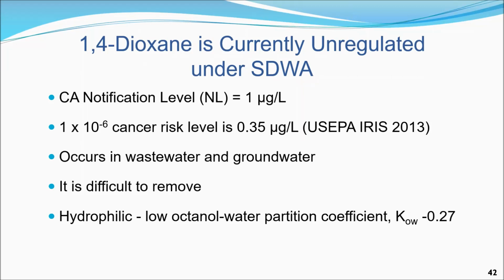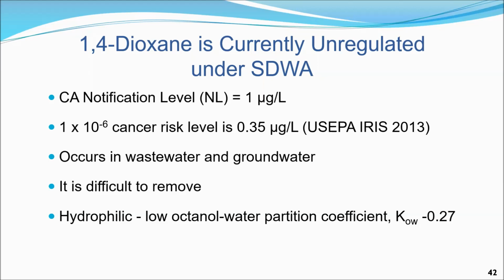Our state legislators thought it was a good idea that if a contaminant is over this notification level, the public water system must notify the public. The NL for 1,4-dioxane is 1 microgram per liter. And the EPA risk assessments indicate that a 10^-6 cancer risk would be 0.35.